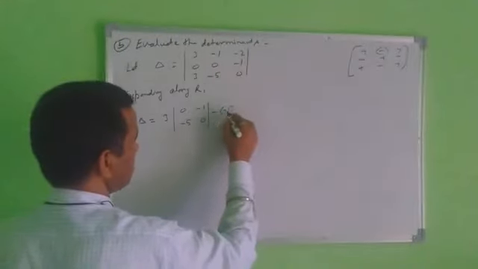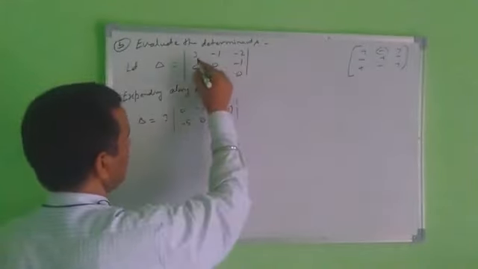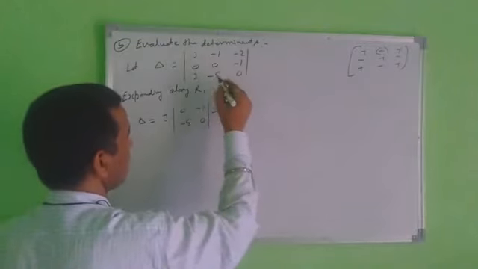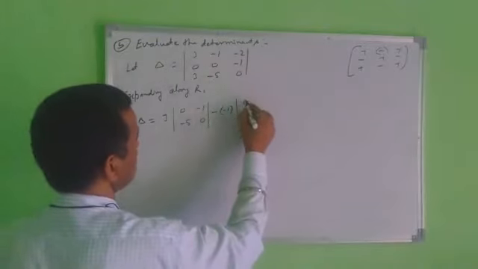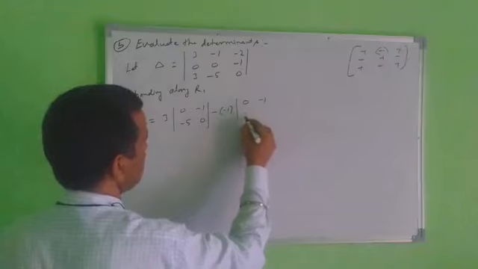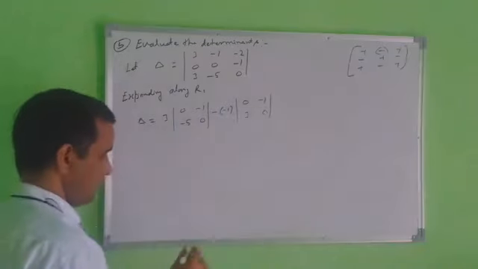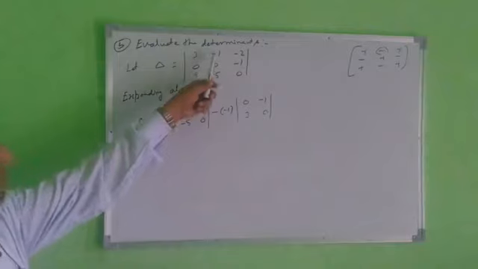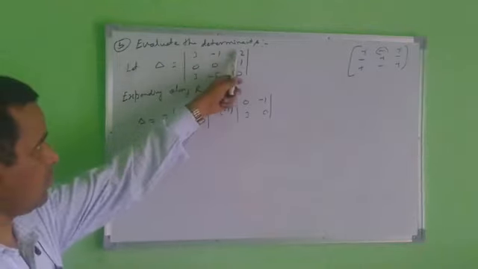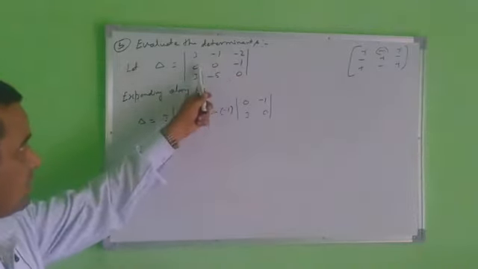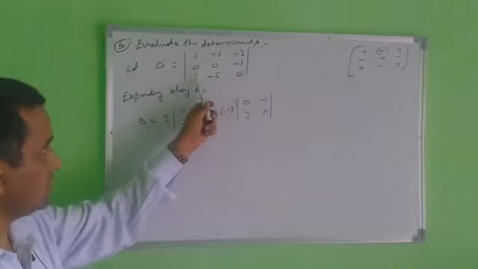Then minus minus 1. After that, first row and second column will be hidden. What is left? 0, minus 1, 3, and 0.